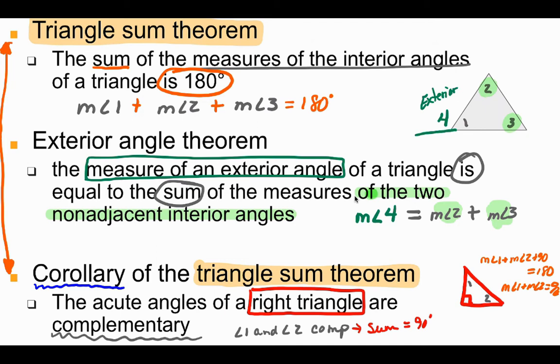We calculate that measure by getting the sum. So we're going to do an addition problem, and we're going to use the two non-adjacent interior angles. Our non-adjacent are the two interior angles that are not connected to our exterior. So whichever exterior angle we have, we're going to use the two interior angles that are not connected to it.